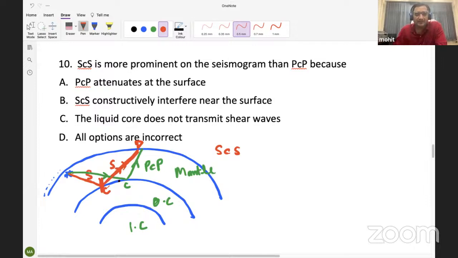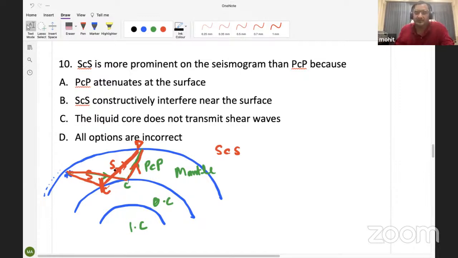While in the case of PCP, the P wave will go down like this, and at the outer core and mantle boundary, because P can travel into the liquid medium, some of its energy will be transmitted into the outer core, and some part of the energy will be reflected and received at the receiver. So that is why the SCS phase will have higher amplitude, or be much more clearly visible on the seismogram than the PCP waves.